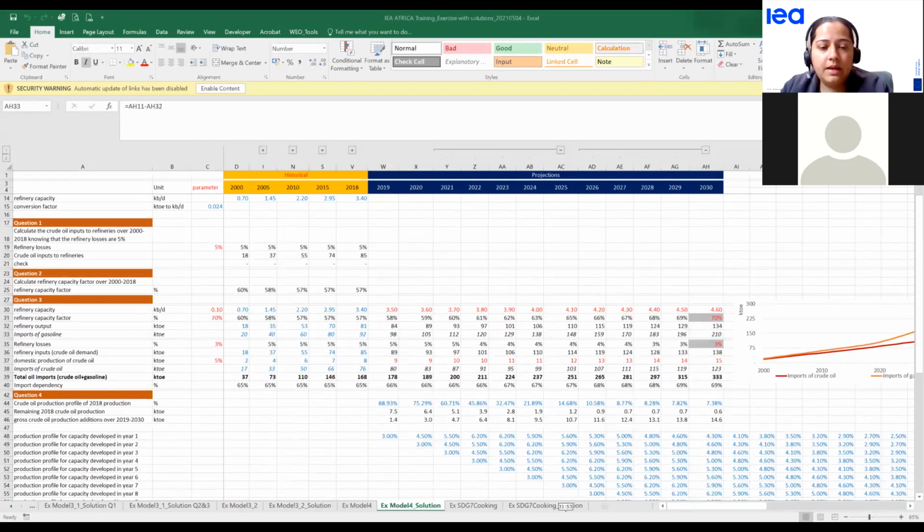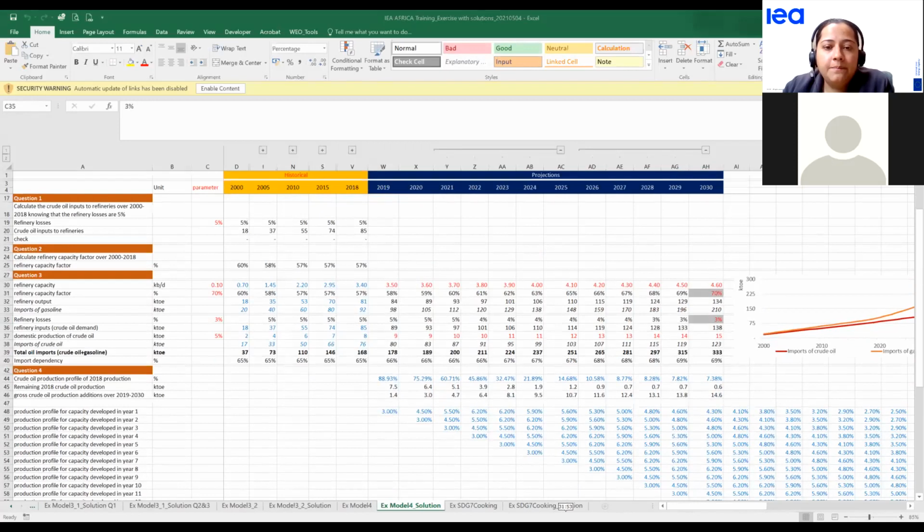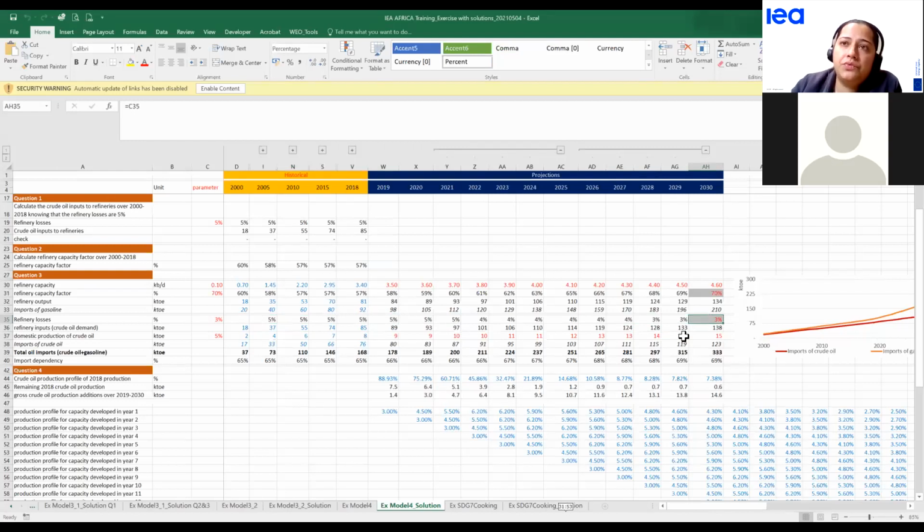Now we can do the same for crude oil imports. So the second part is calculate crude oil imports, taking the following assumption: refinery losses decrease to 3% in 2030, and domestic production of crude oil increases by 5% to 2030. So for crude oil, you remember in the beginning we said that the losses were 5%, but now we say that by 2030 it decreased to 3%.